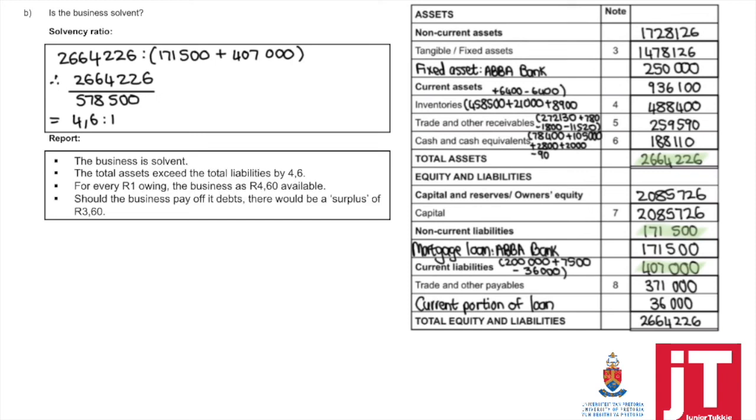Is the business solvent? Yes, because the total assets exceed the total liabilities by R4.60 or 4.6. For every R1 owing, the business has R4.60 available. And should the business pay off its debts, there's actually a surplus of R3.60. 4.60 minus 1 equals R3.60.